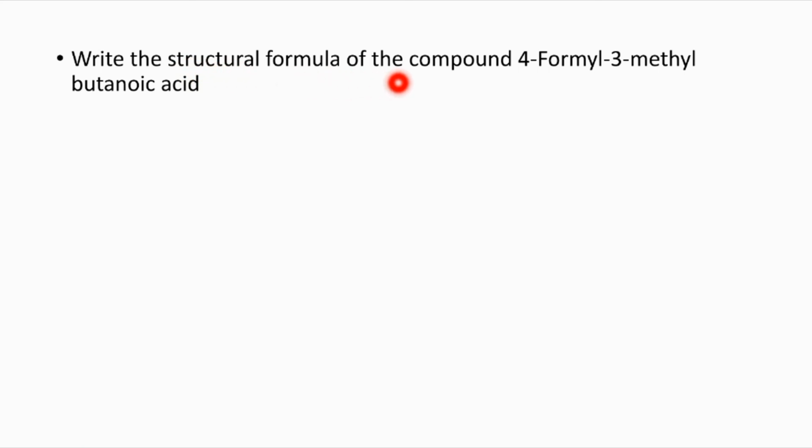Write the structural formula of the compound 4-formyl 3-methyl butanoic acid. How to draw the structure? For this kind of questions, you will have to see the root word of the compound, that is butanoic acid. So we will write a 4-carbon compound, correct? To that, carboxylic acid functional group also is attached. Whenever carboxylic acid group is present, we will be giving priority to that functional group.